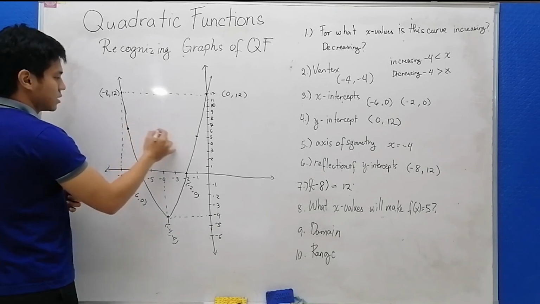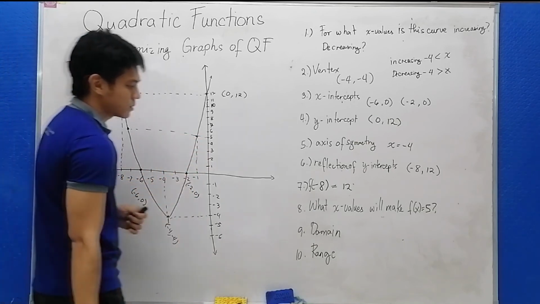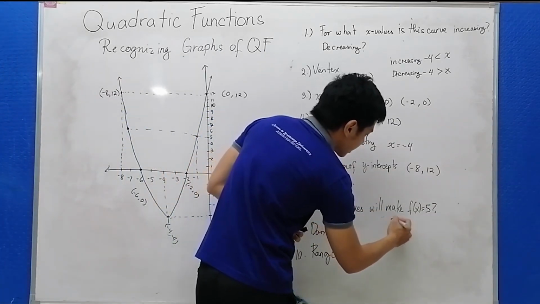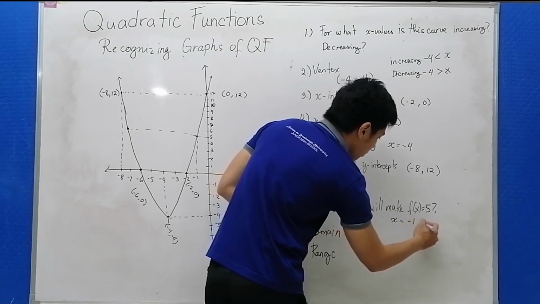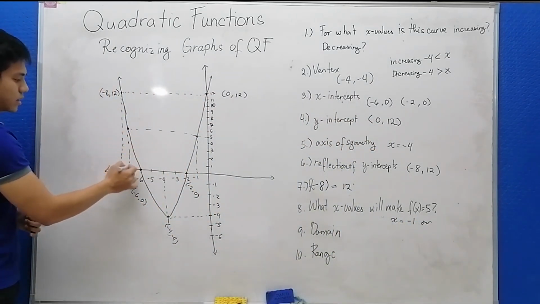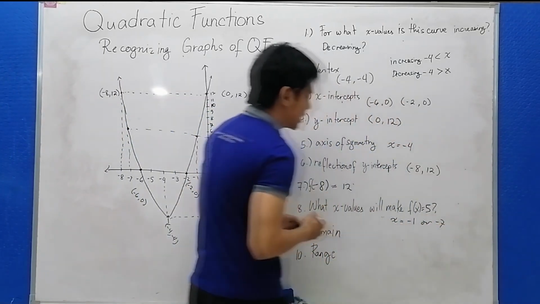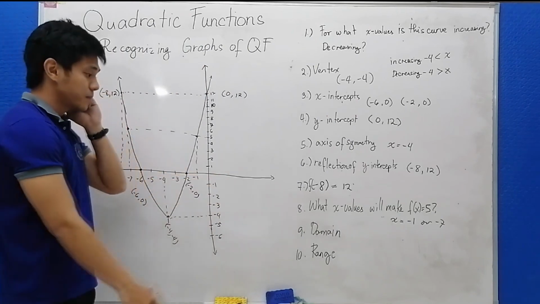These two will give us 5. So possible answers would be x equal to -1 or x equal to -7. These two are possible answers for f(x) equal to 5.